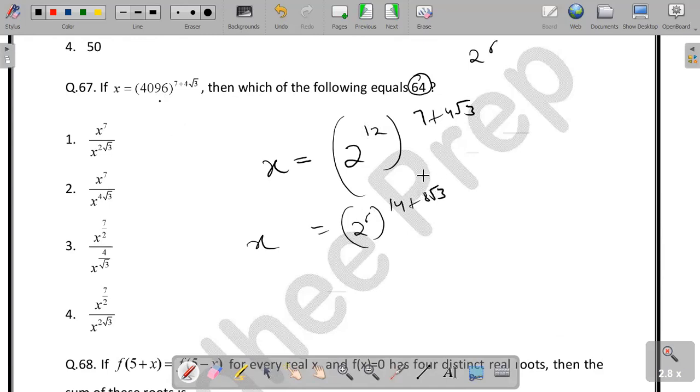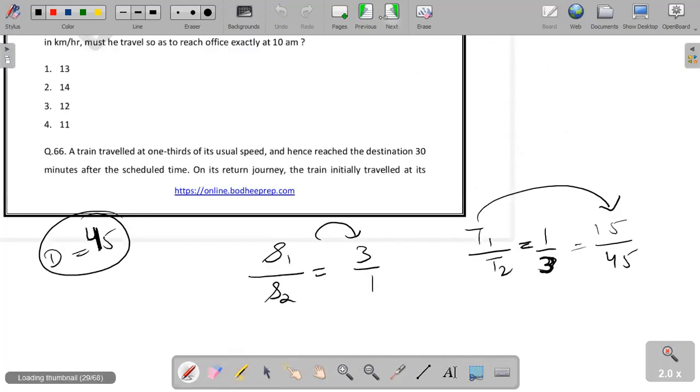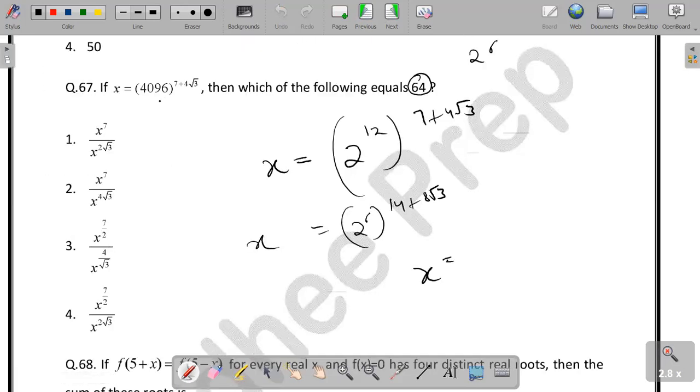Fine. But the question asks us in the term of something else. Our answer should be x 1/14 plus 8 root 3. But the choices have been deceptive.